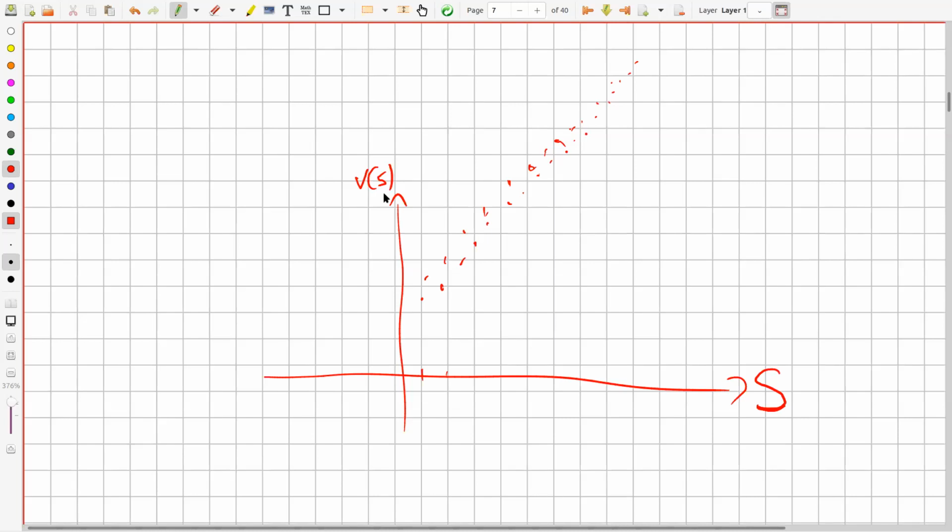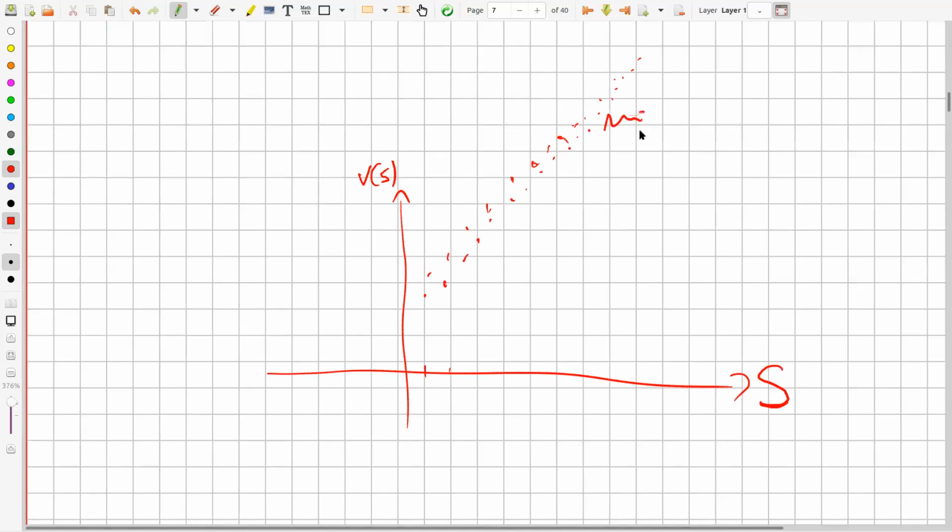Then finding the value function, if these are 100 points, means finding 100 values, assuming that you know the states for which you are looking for the value.